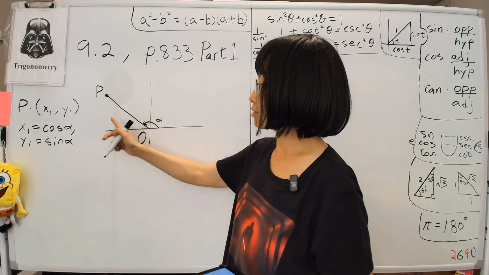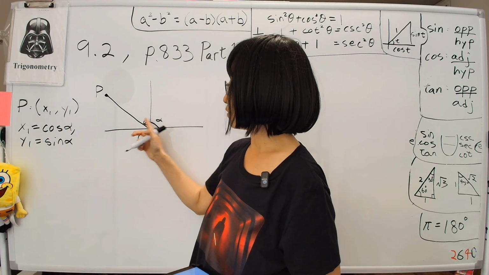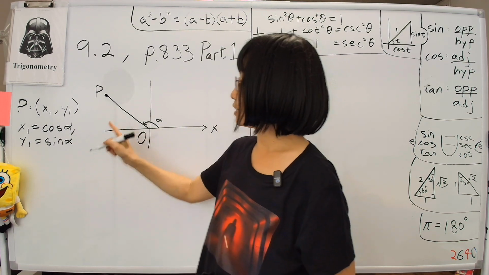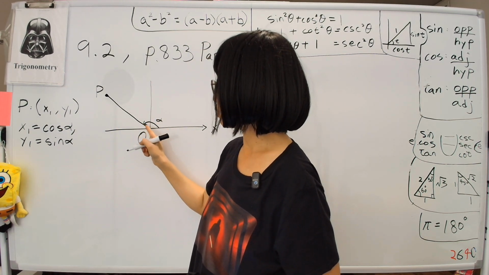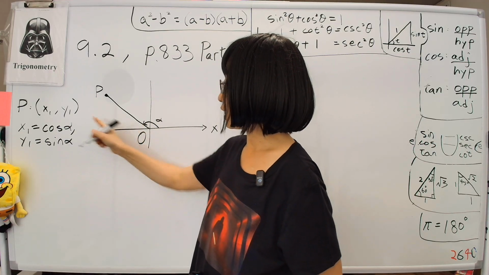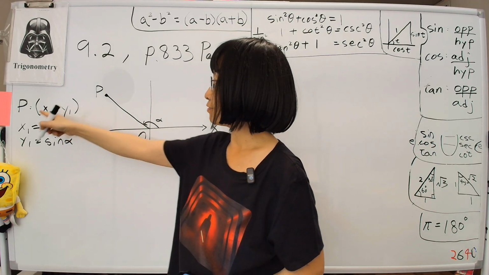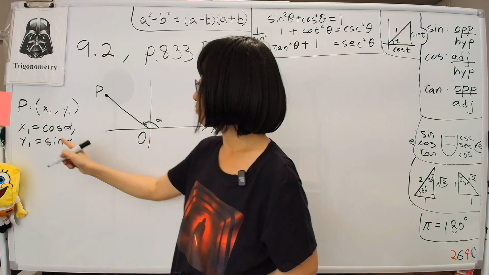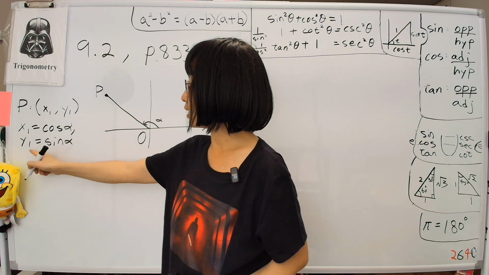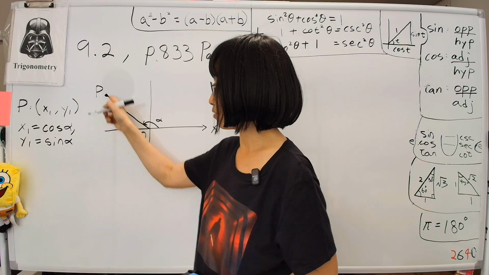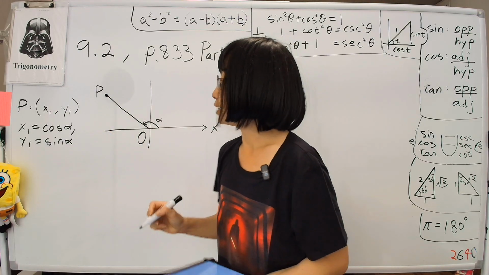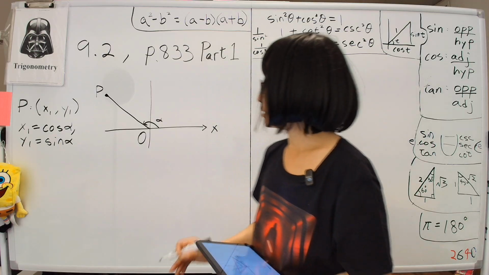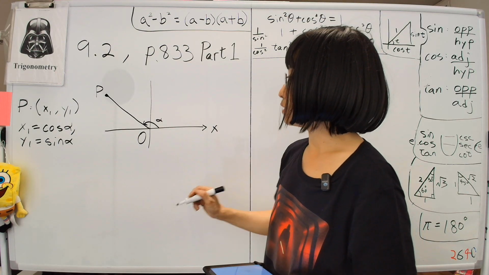For any angle it makes with the x-axis, the cosine value is the x value of the point where the line meets the unit circle, and the y coordinate is the sine of alpha. That's this height.